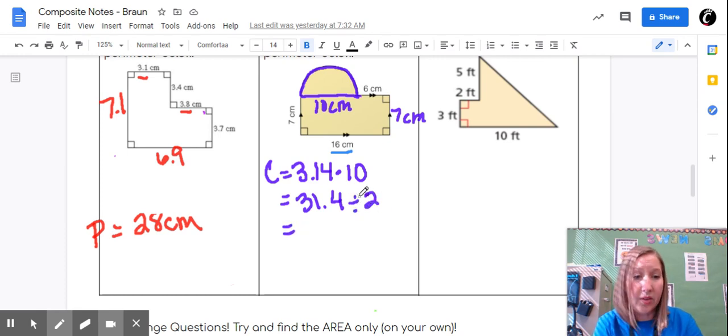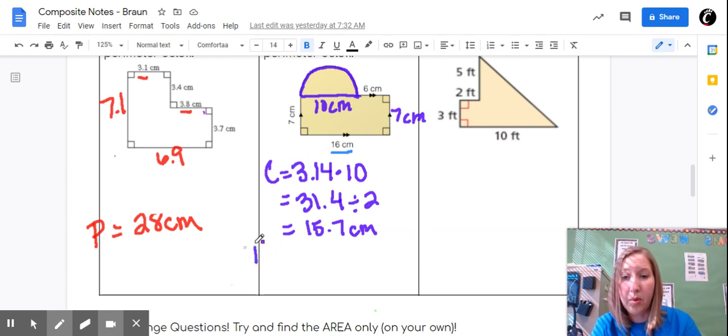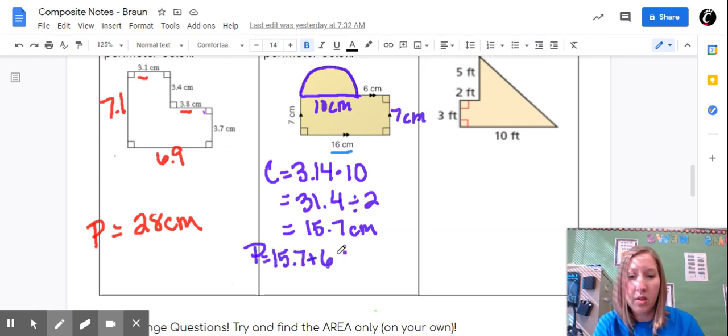And the circumference of my half circle then is going to be 15.7 centimeters. Since that is 15.7 centimeters, then I can add that to the rest of my composite shape, and I am going to find my perimeter by doing 15.7 plus 6 plus 7 plus 16 plus 7, and that covers all of my sides.